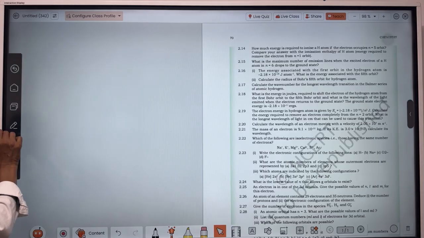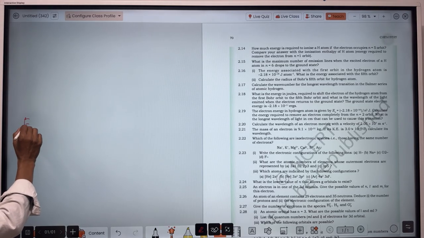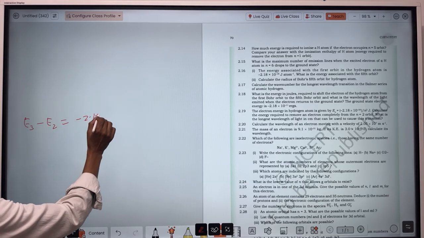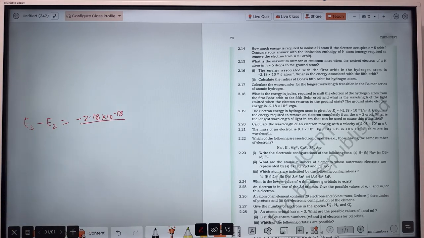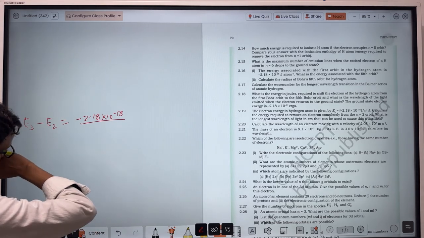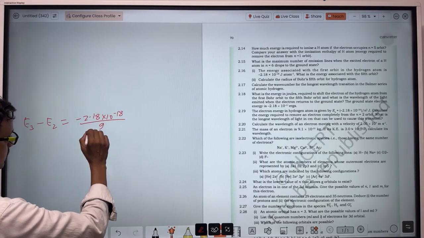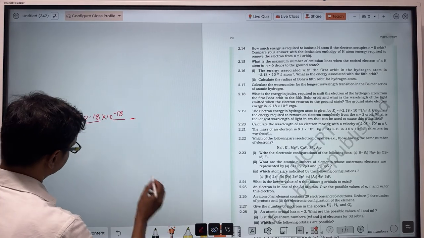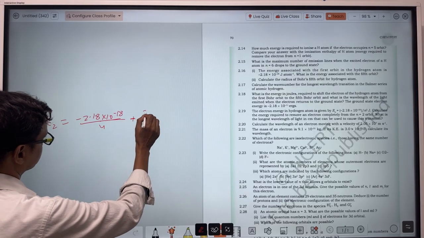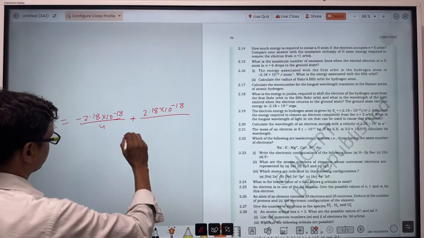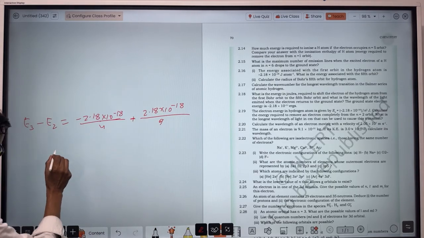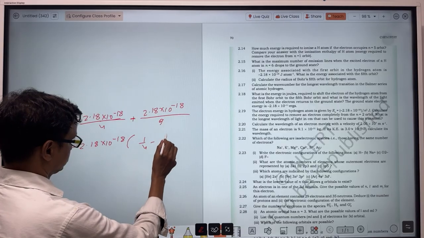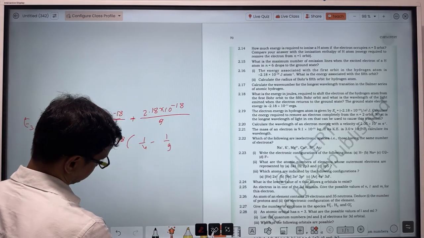So the wave number you have to find out. The energy change when the electron falls from n equal to 3 to n equal to 2 will be equal to minus 2.18 into 10 to the power minus 18 upon n square. Why is this one plus here?